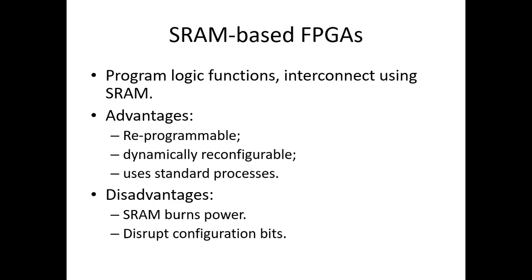The SRAM burns power. We already mentioned that there are three types of FPGA. If we consider the SRAM based FPGA, it requires more power compared to the other types, and it also disturbs the configuration bits. This is the disadvantage of SRAM.